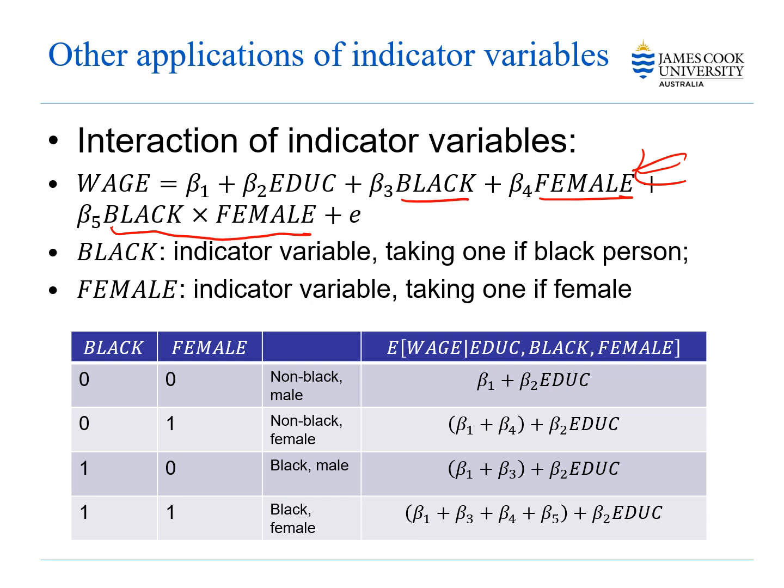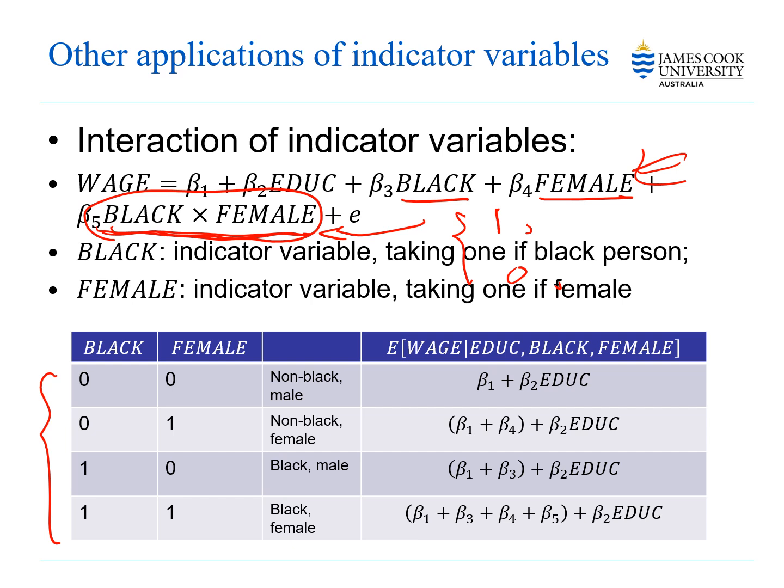But by interacting them, we can have 4 groups now. Bear in mind that this interaction term is itself a dummy variable, which takes a value of 1 if a person is black and female, and 0 otherwise.